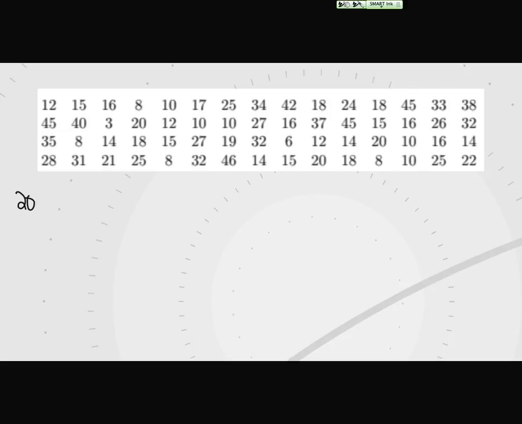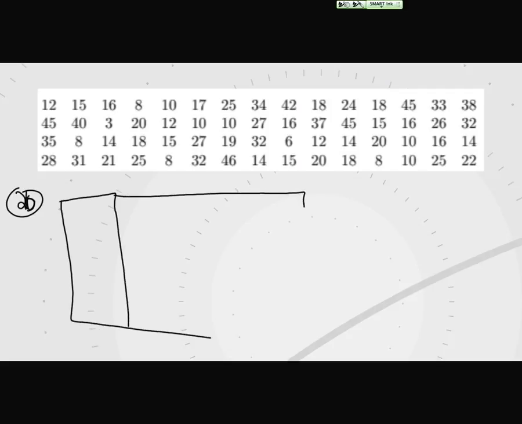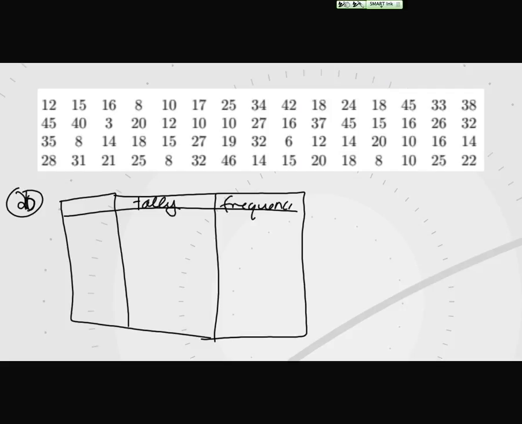Oh, this is number 2B. So the frequency table looks something like this. So you've got your tally section, your frequency, and then the time is that first part.